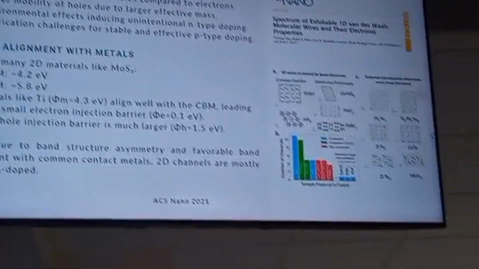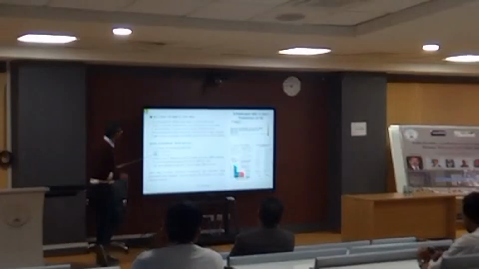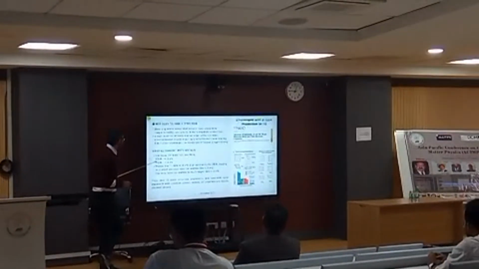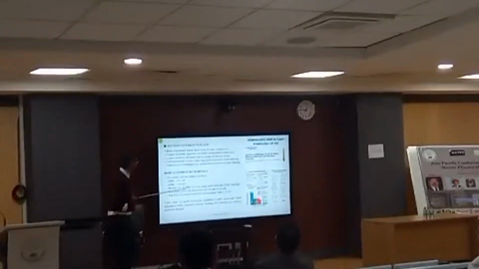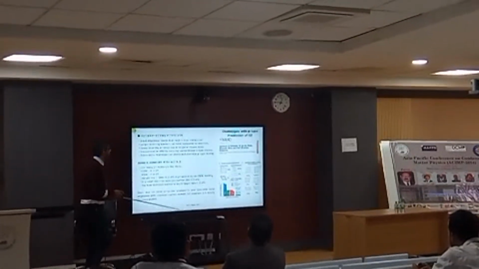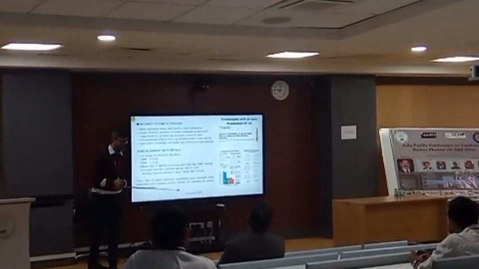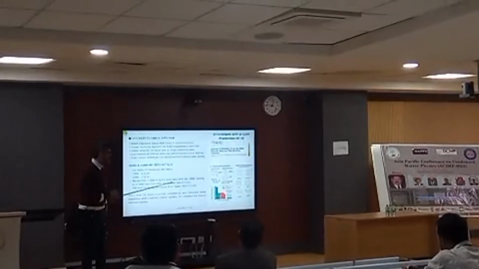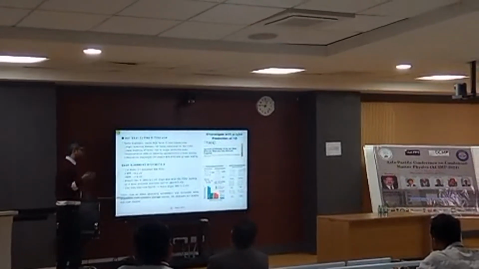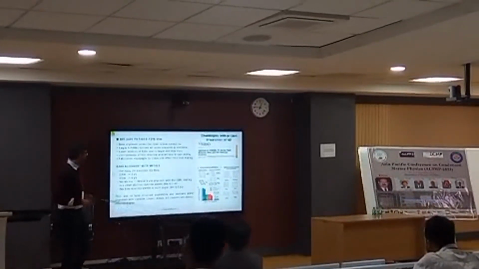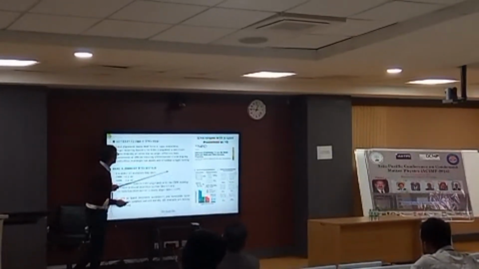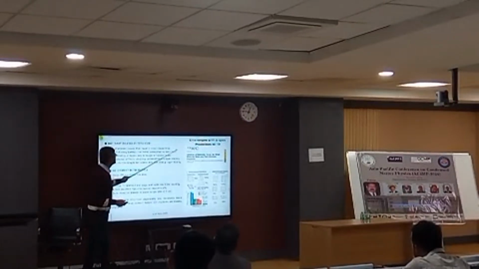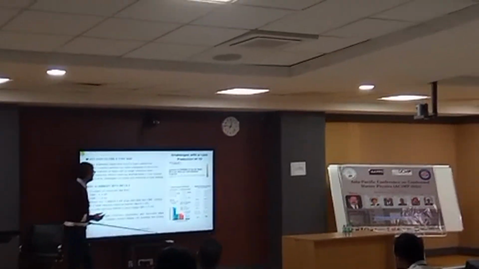From a very basic calculation, as you can see here, from the conduction band minima and valence band maxima and the metal's work function, you could find that getting a P-type semiconductor is very difficult. Of course, it depends on the contact electrodes which you are using. So we started with searching for P-type predictions of 1D van der Waals.